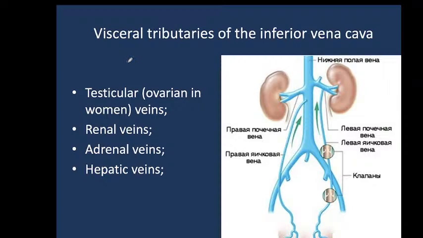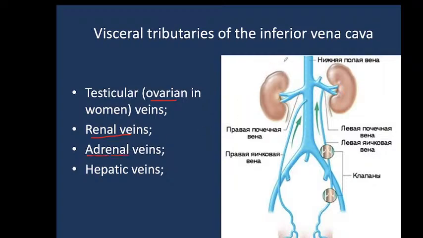Visceral tributaries of the inferior vena cava get blood from the testicles. Here you see testicles. In women, these are the ovarian veins. Then renal veins come into the inferior vena cava.